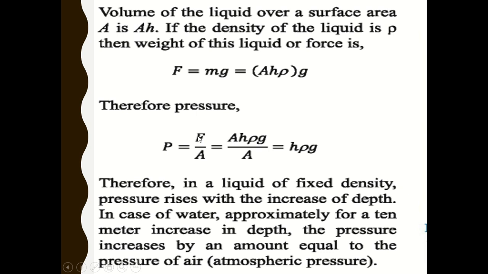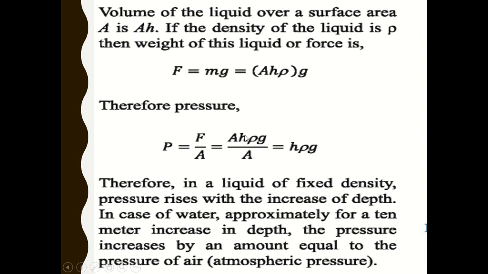Because you can't measure the whole mass of the water of the sea. It is not possible for you. So in a liquid, if you want to find out the pressure at any point, then you have to use this formula, that is H rho g.